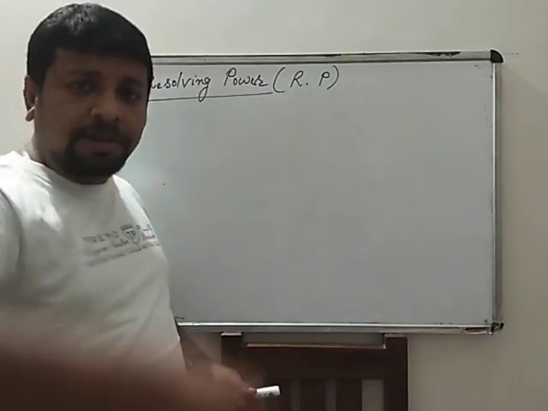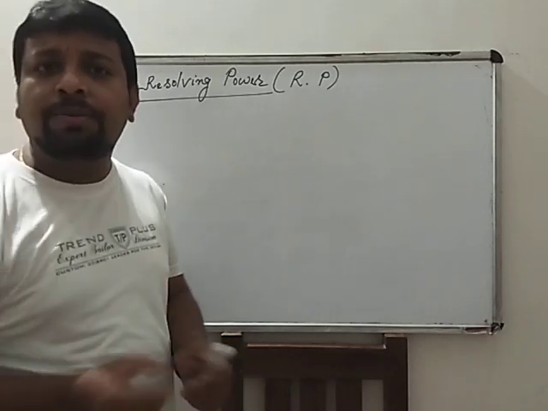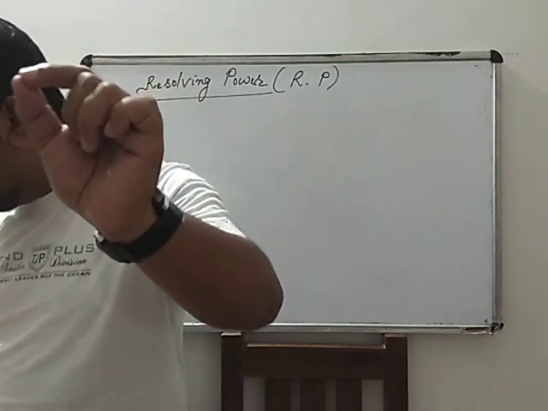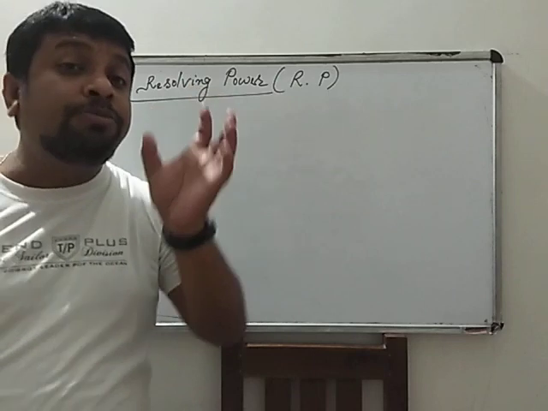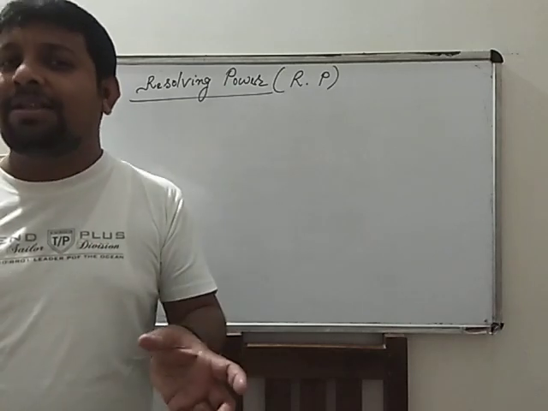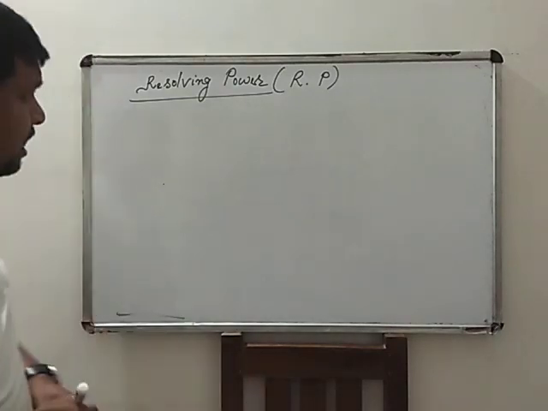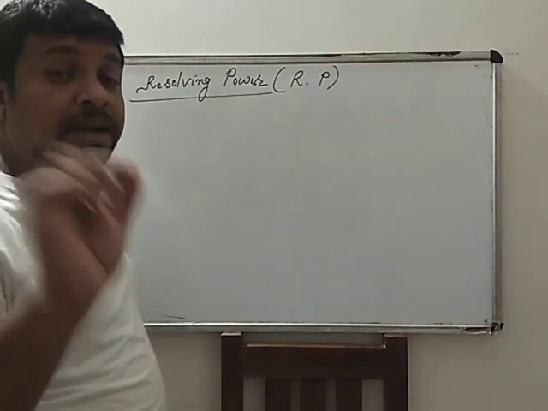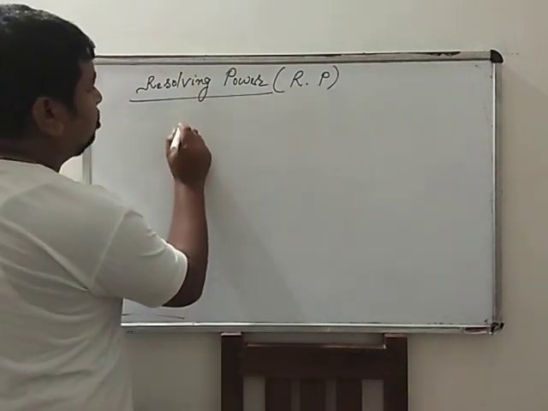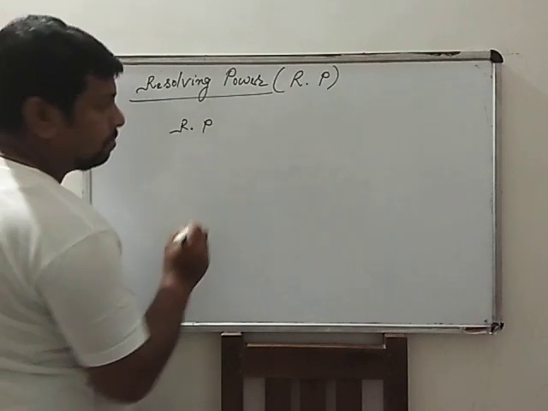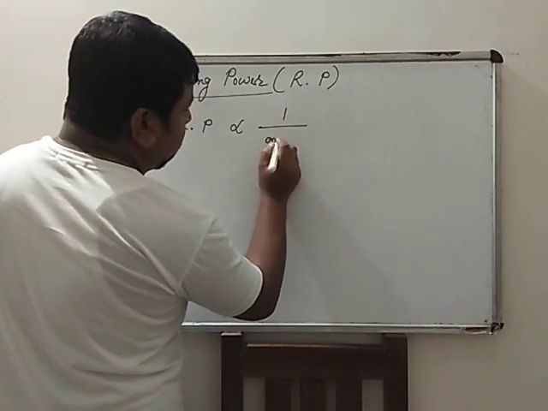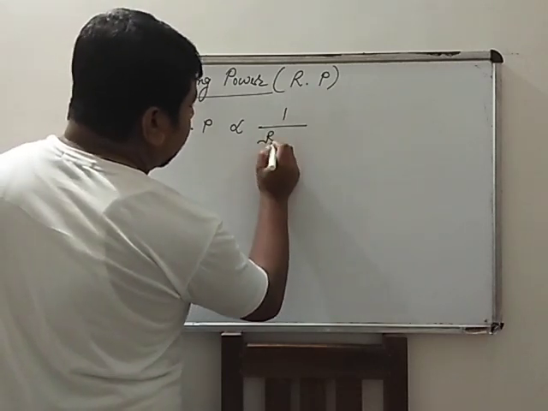So this ability is known as resolving power. This resolving power is inversely proportional to the angular separation or limit of resolution. That means resolving power is inversely proportional to the angular separation, the resolving limit.